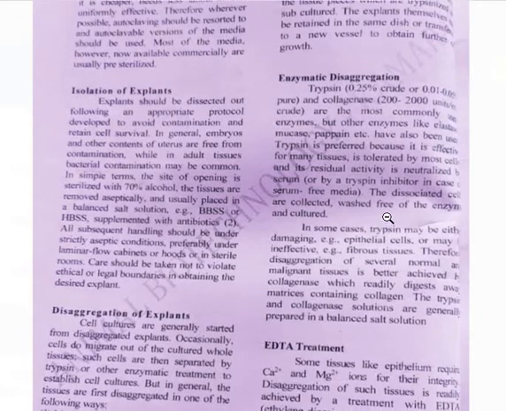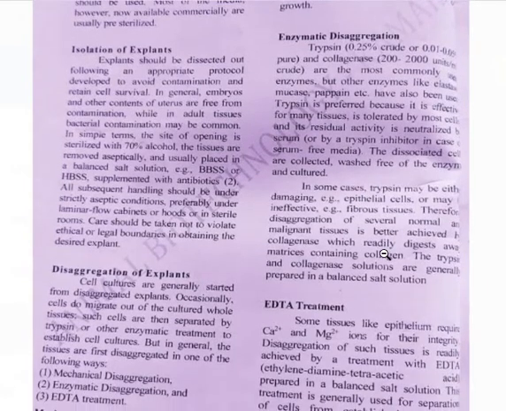In some cases, trypsin may be damaging. Epithelial cells cannot be effectively removed using trypsin, and it is also ineffective in the case of fibrous tissue. You cannot use trypsin there. There you have to use the mechanical disaggregation method.